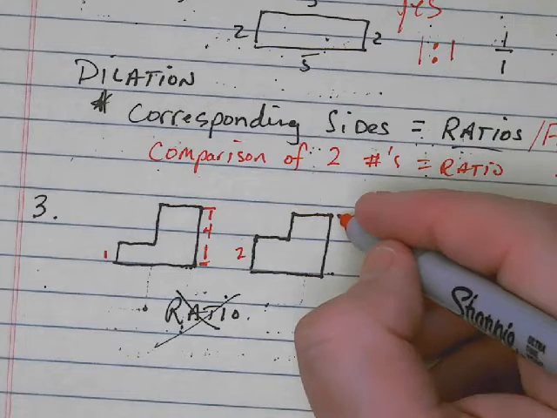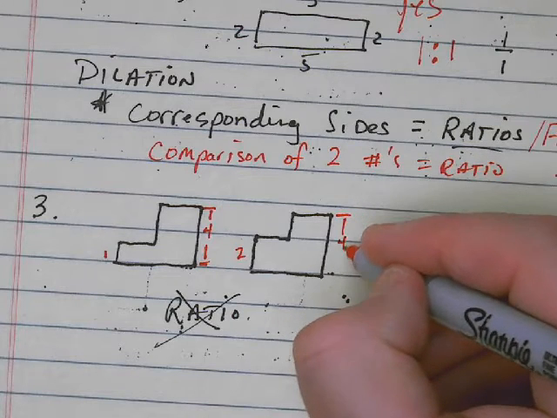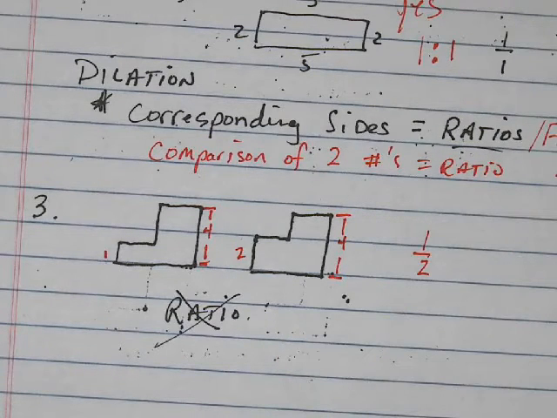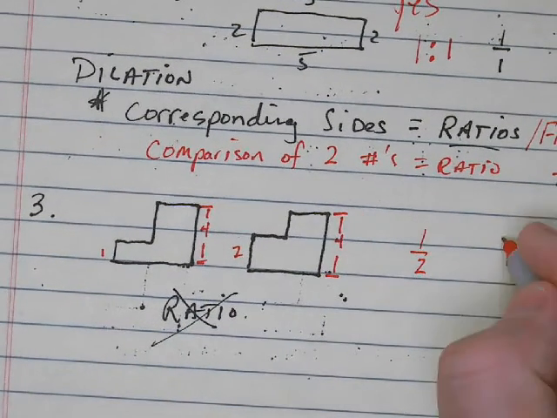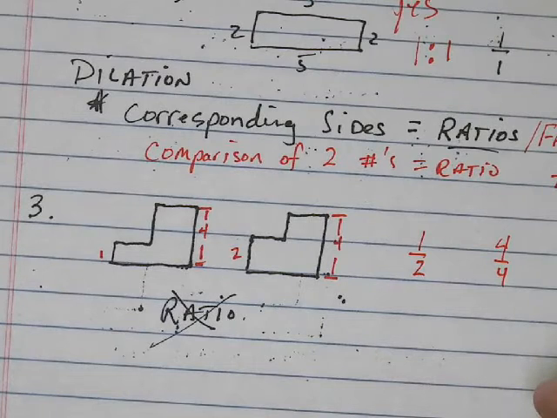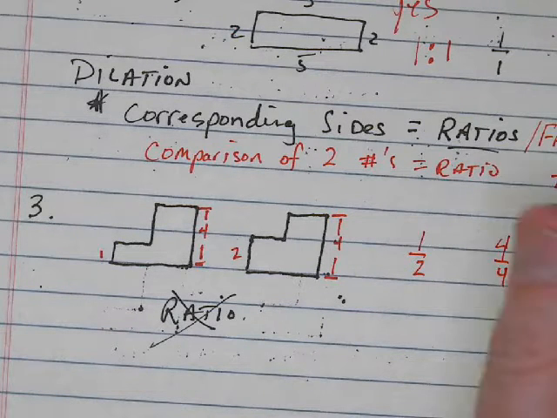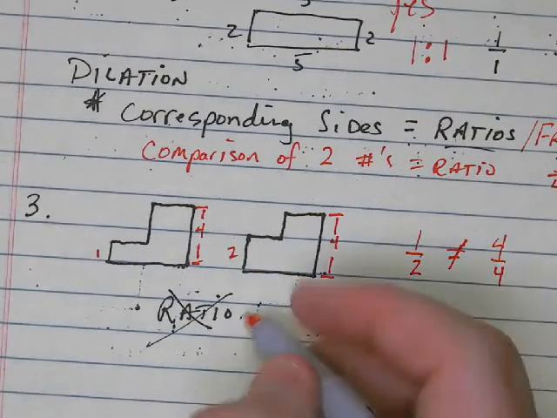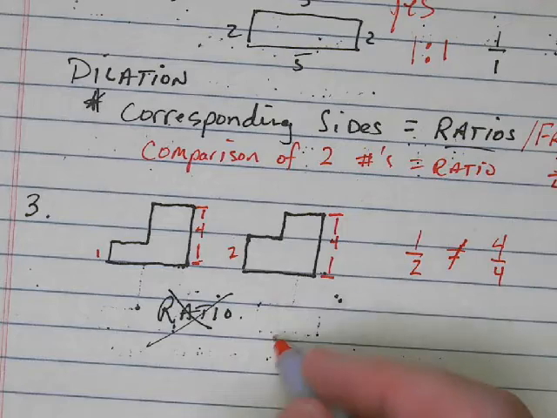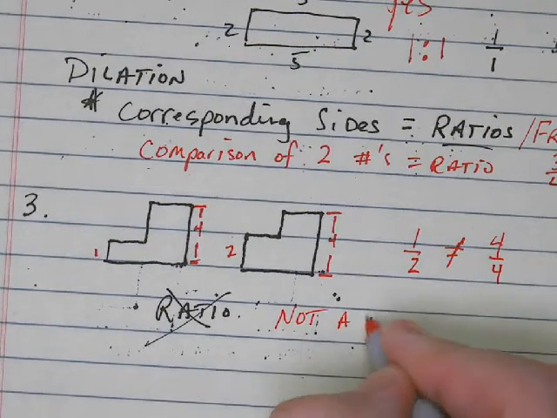Isn't that the exact same length as from here to here? Again, I'm not measuring it with a ruler, but doesn't it look like it's the same? So here we have 2 sides, 1 to 2, and then 2 other sides, 4 to 4. Are those equal ratios? That makes sense? So these are not equal ratios. So we would explain that this is not a dilation.